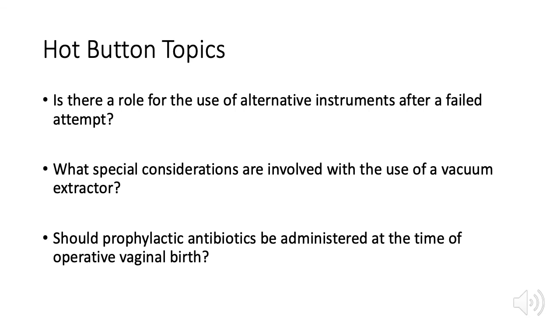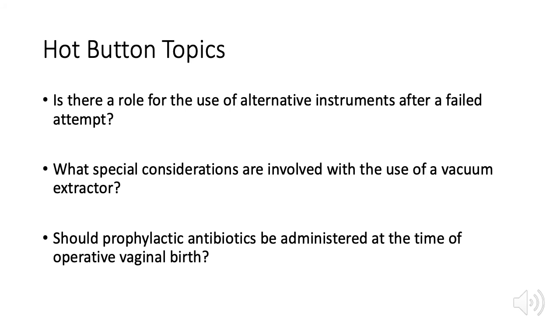The first study that looked at that tried to answer this question compared the use of combination instruments with a spontaneous vaginal delivery. So of course you would see higher complication rates when going from vacuum to forceps than just having a vaginal delivery alone.